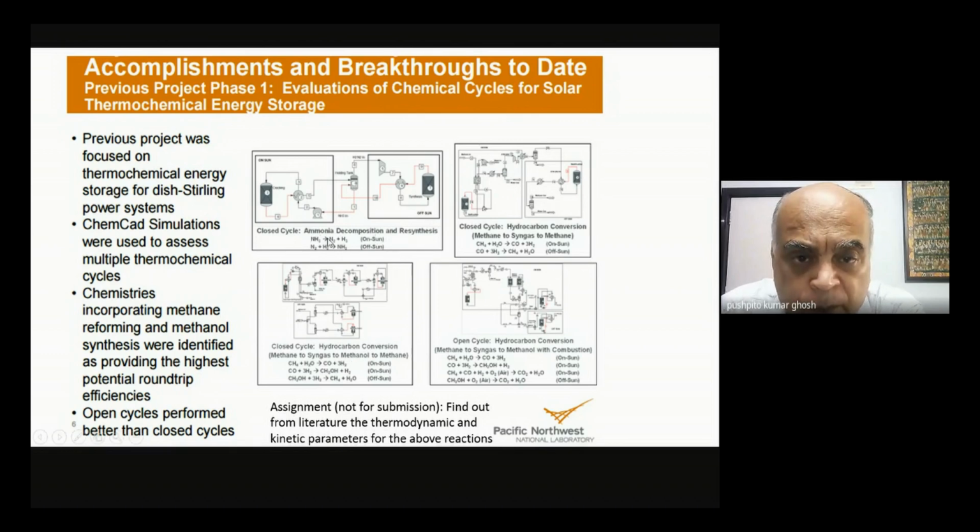You can decompose ammonia to nitrogen and hydrogen, okay, and so that is why they have called it on sun. On sun means this will happen when there is sun. And when I say sun, I'm talking about concentrated solar energy.